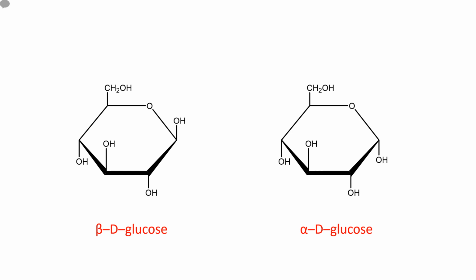So again, comparing these two structures, the only thing that is different is the arrangement around carbon number 1. So looking at carbons 2, 3, and 4, those are used to determine the identity of the monosaccharide. Looking at carbon 1, that determines the anomer, so whether it's alpha or beta.